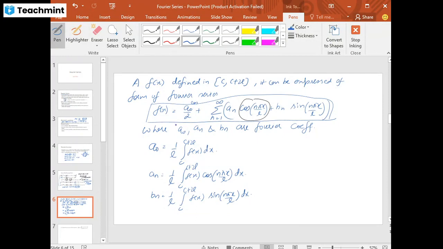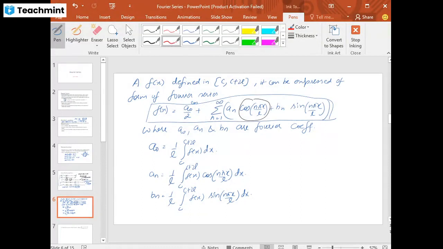So we get f of x into cos. And similarly, to calculate the value of bn, we can multiply this entire expression with sine m pi x upon L, and we can get the formula of the Fourier coefficient bn also. Okay, so these are the Fourier coefficients.